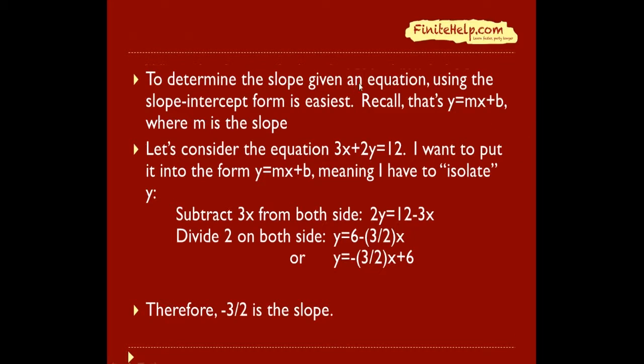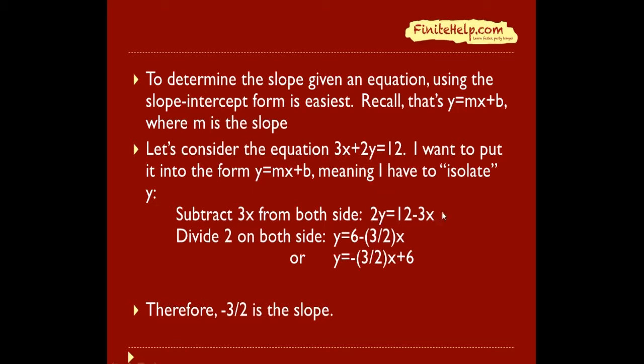So sometimes you have to determine the slope given an equation. And again, we're just going to use the slope-intercept form, which is y equals mx plus b. So here's how this works. Let's consider the equation 3x plus 2y equals 12. I want to put this equation into the form y equals mx plus b. So I'm going to isolate y by itself.